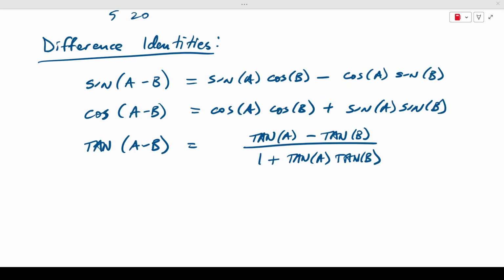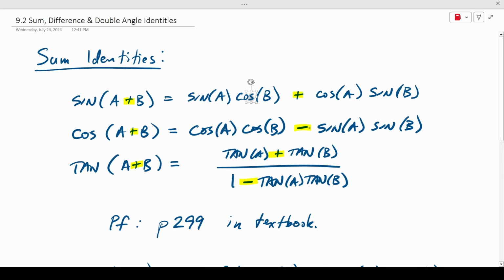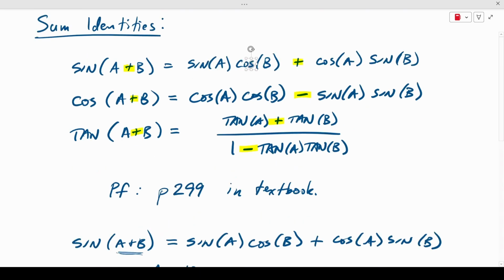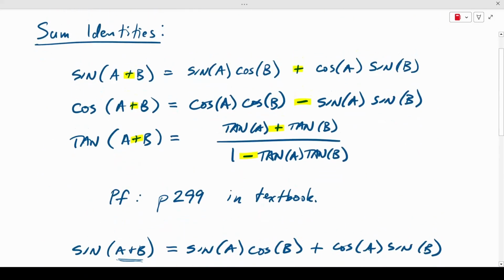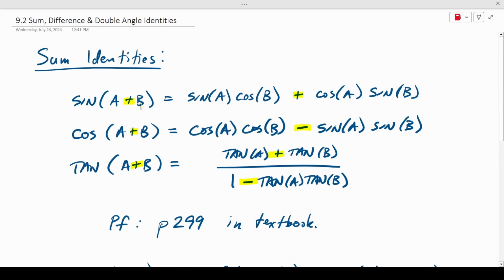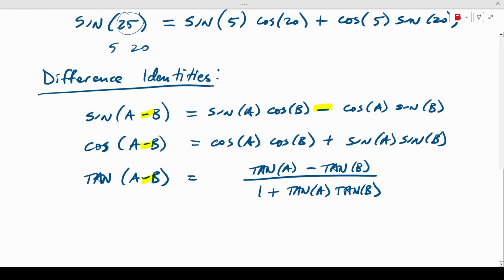So these are the difference identities, and as I said, they're just the sum identities with all the signs switched. So instead of plus, plus, plus, we have minus, minus, minus, here, here, and here. And instead of adding for the sine and subtracting for the cosine, we subtract for the sine and add for the cosine.